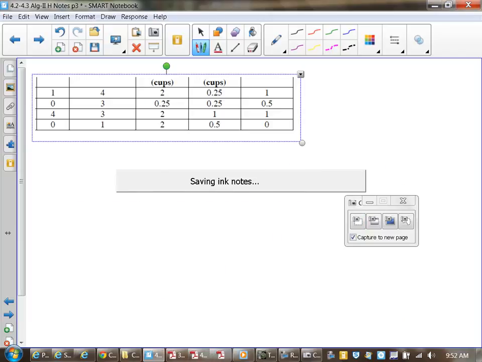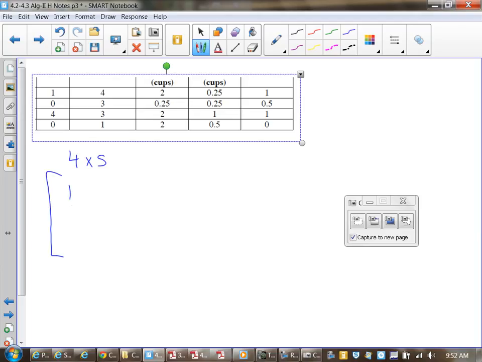My first matrix is going to be 4 by 5. I would just write it down for now. There's a spot on the sheet that says what matrix A is going to look like, because you're going to start multiplying things together in a second. I'm just going to get you guys started here.